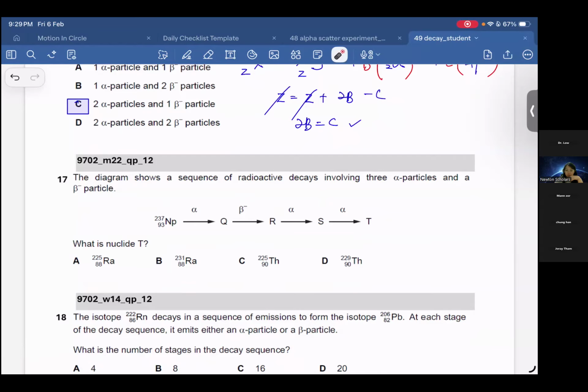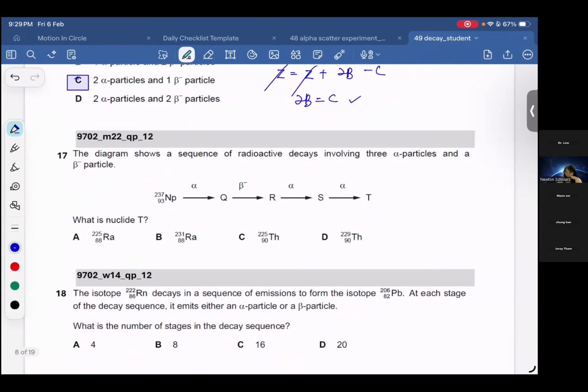Vashini, correct. Sean, correct. The rest of you? Unknown plus, I got 2, 3 alpha, 3 alpha, 4, 2 alpha, plus I got 1 beta minus.